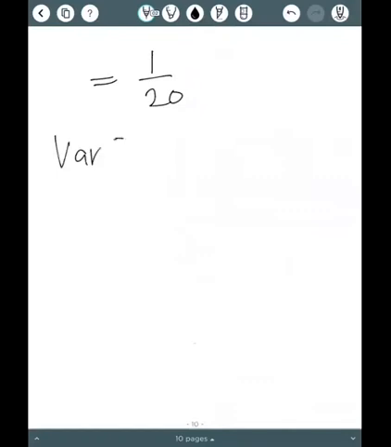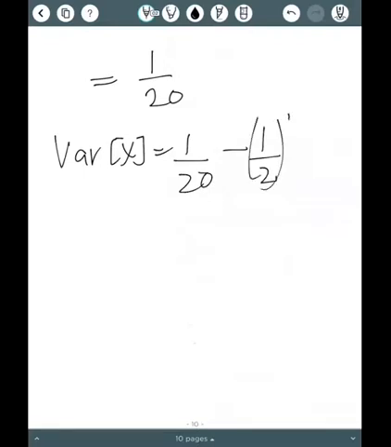So basically आपको 1/20 minus (1/2) whole square करना होगा. ठीक है, so that gives you 1/20 minus 1/4. Okay, so now moving on to part E.